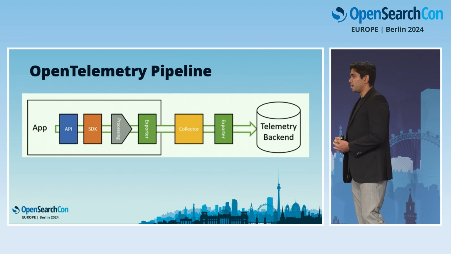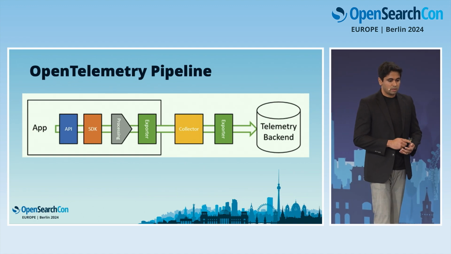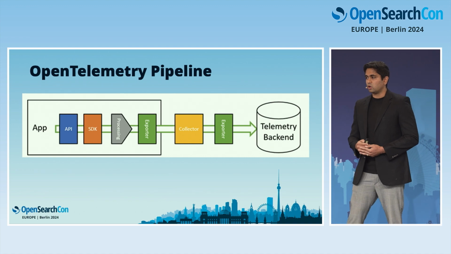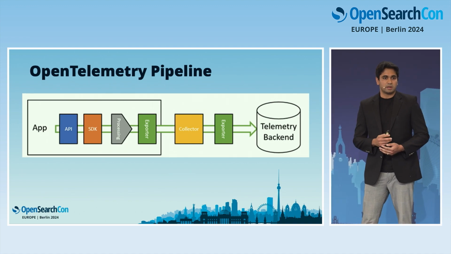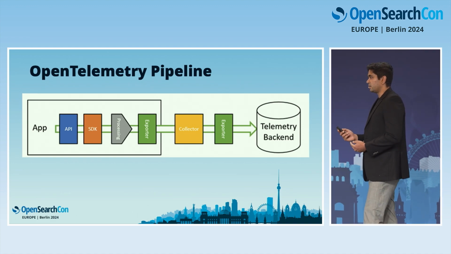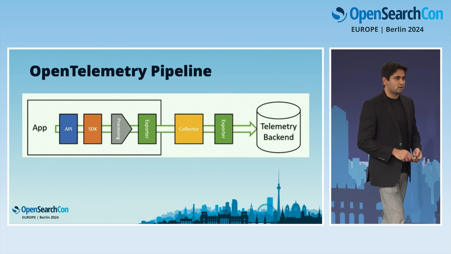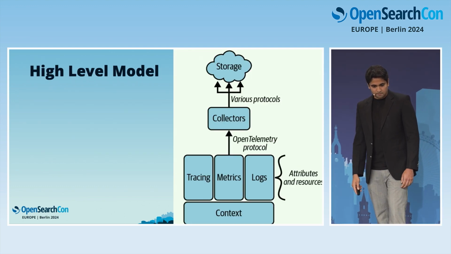And finally, they provide us with exporters to export this data to various services. OpenTelemetry also provides a collector that collects, aggregates, and finally exports this to a telemetry backend. Don't worry, all this will make sense in a minute.